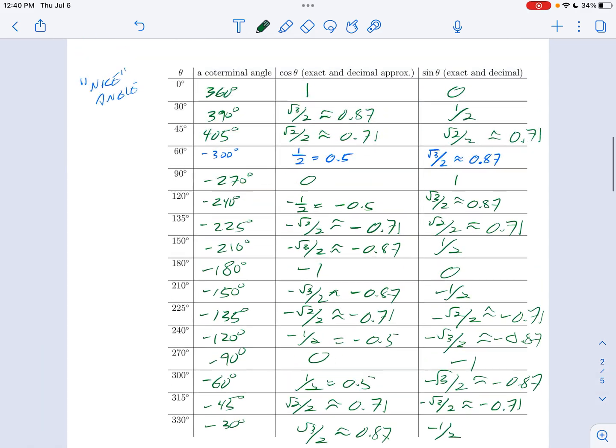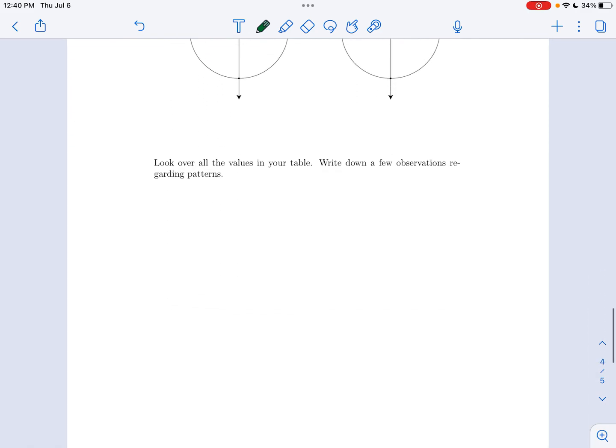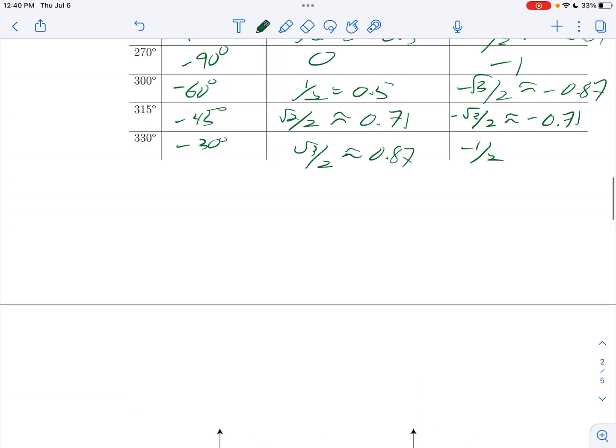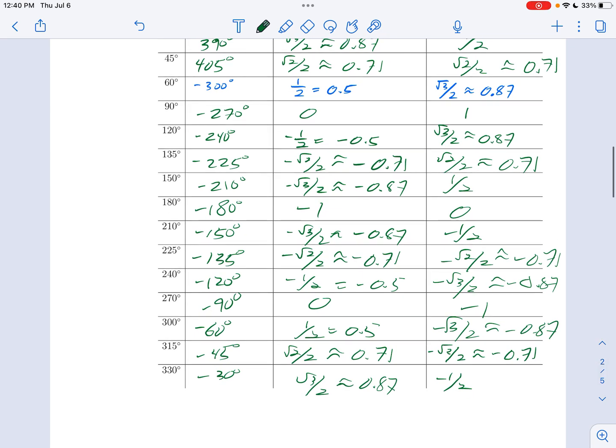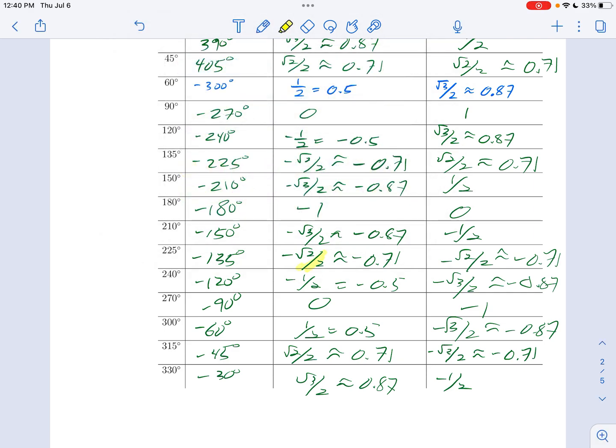Okay, so we have all these things, and go over your table and see if you can notice some patterns. For patterns, maybe look at how the value in cosine and the value in sine are related. A couple things you might notice is whenever you have this number root 2 over 2 in some version, it appears as both sine and cosine.